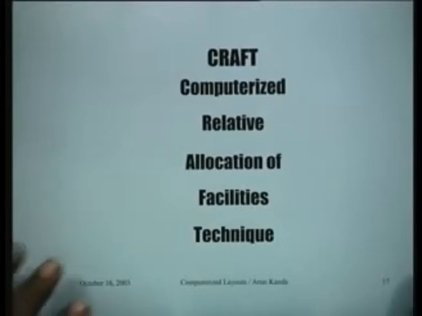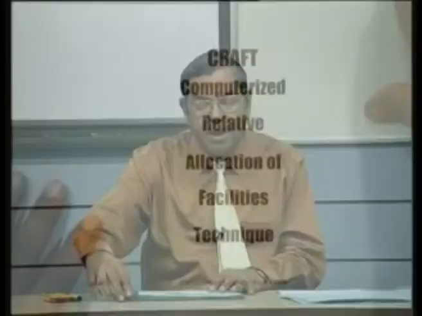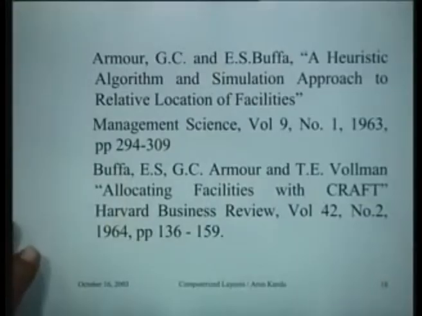CRAFT was actually a procedure that was developed by Vollmann and Buffa and his students. You've heard of Buffa. Buffa was a professor at the University of California at Los Angeles, and he's written that book, Modern Production Management. Right? You must have heard of that book. And these are the original references for this particular procedure.